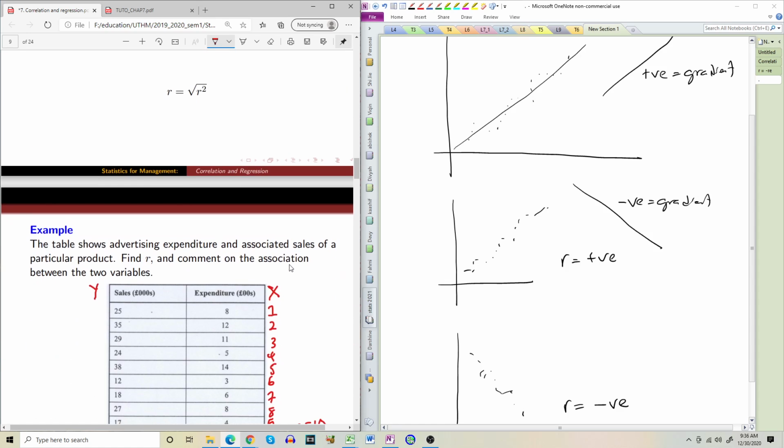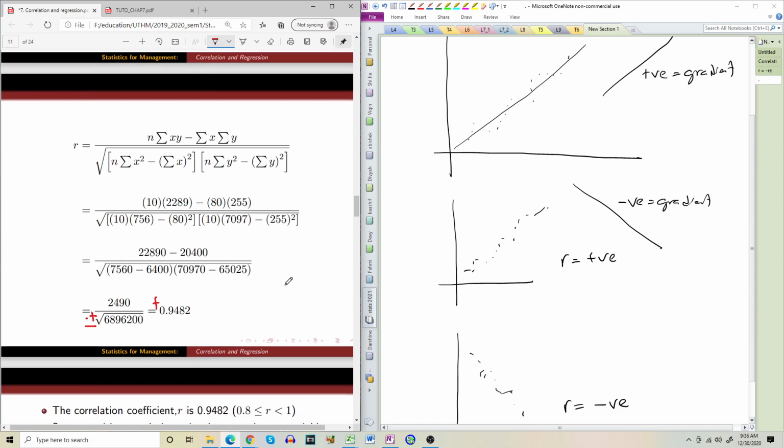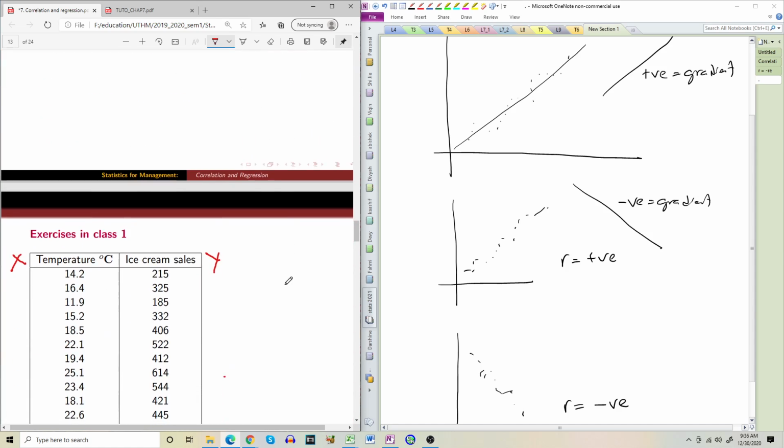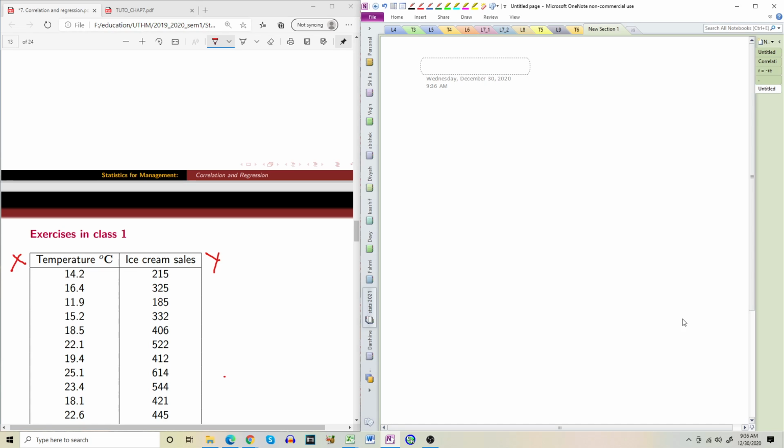The second thing is regression. What is regression?